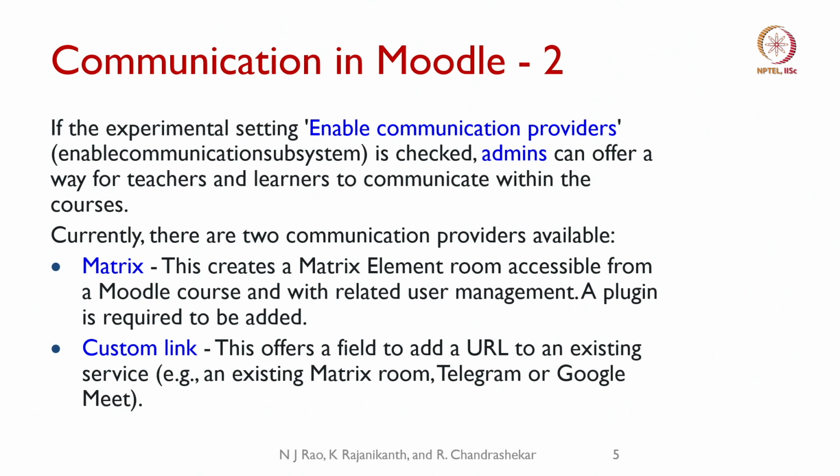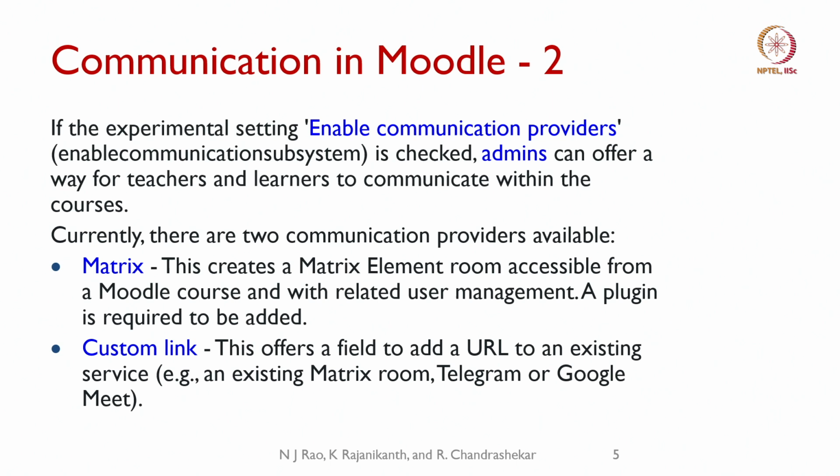There is one more option in Moodle which by default will not be enabled. It is called experimental setting, enable communication providers. If we enable that, then the plugins available in Moodle will be available for the teacher to use.